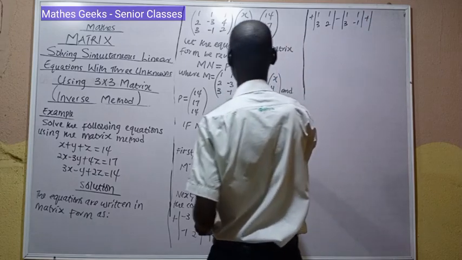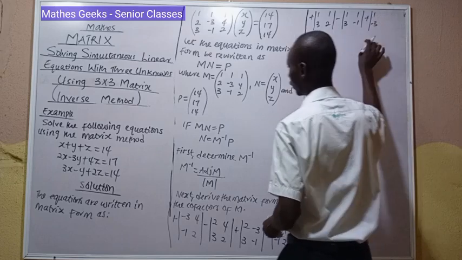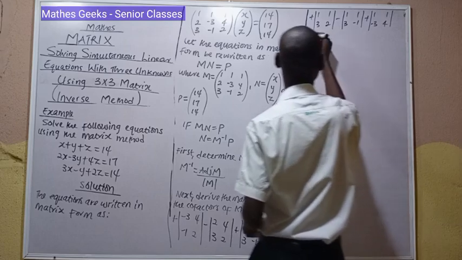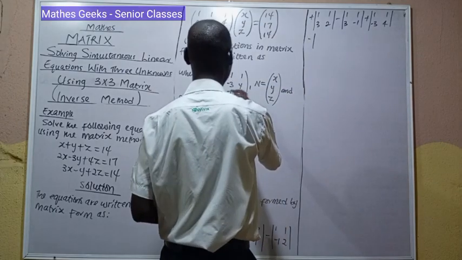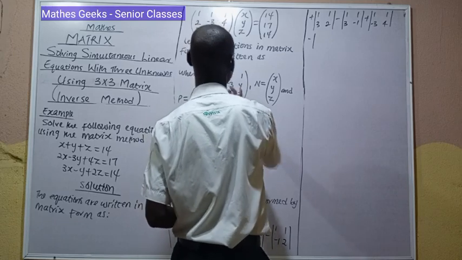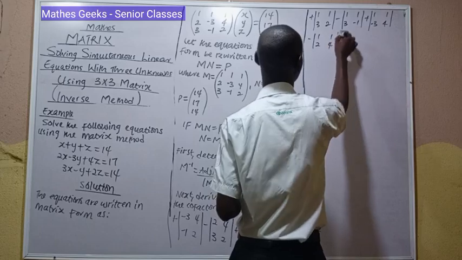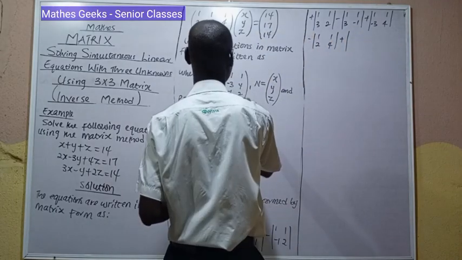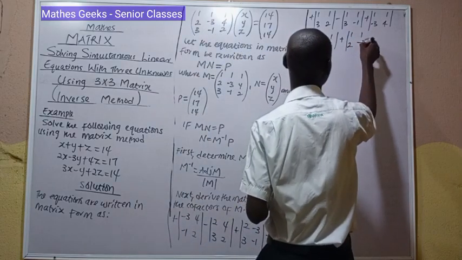Plus, third row, first column, 1, minus 3, 1, 4. Minus, third row, second column, 1, 2, 1, 4. Plus, third row, third column, 1, 2, 2, 1, minus 3.